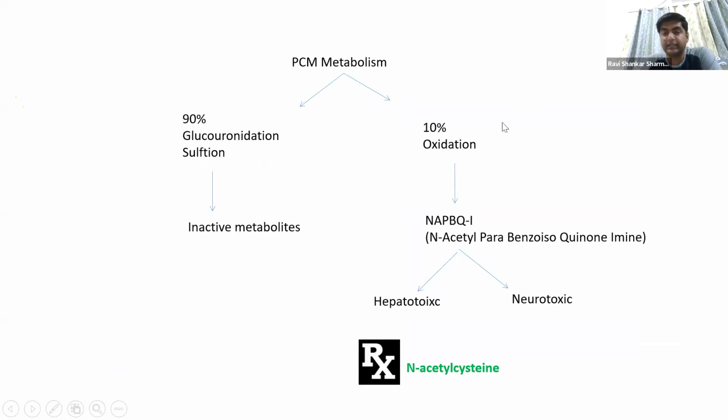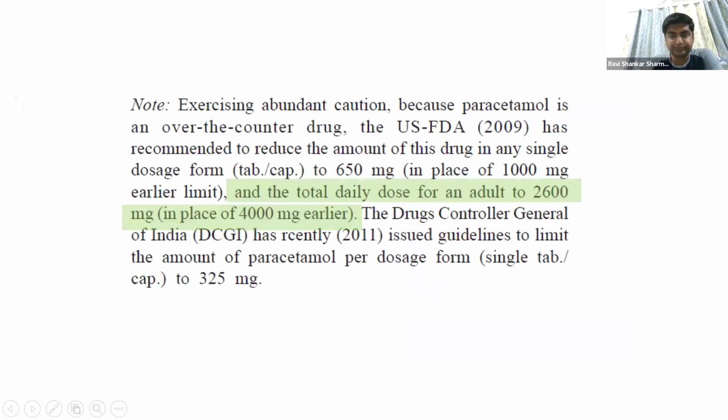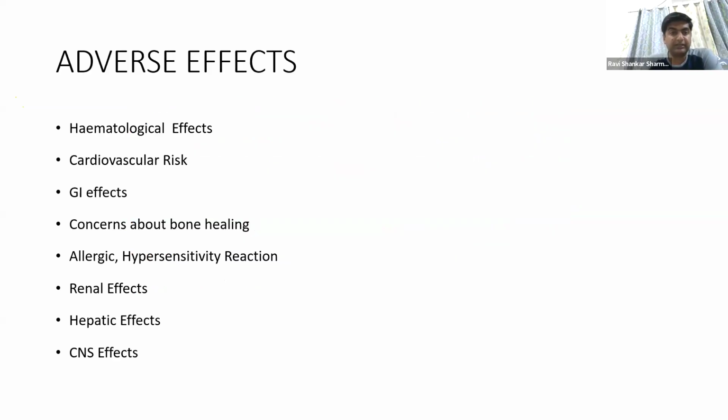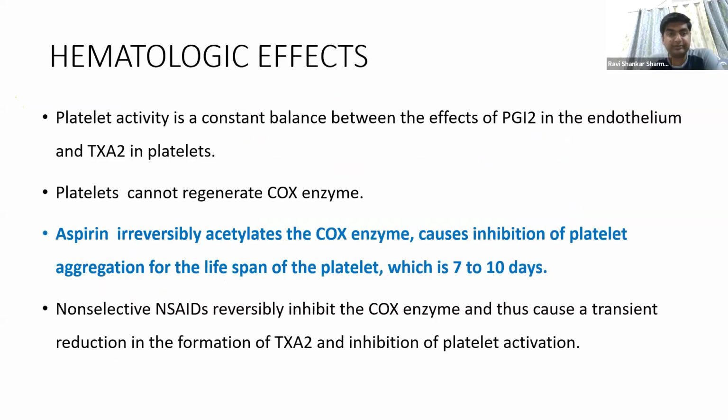This 10% oxidation gives you NAPQI, that is N-acetyl-p-benzoquinone imine, and this is hepatotoxic, and treatment is N-acetyl cysteine. Okay, maximum dose is 4 grams, and in case of hepatic injury, you can keep the dosing up to 3 grams per day. Okay, adverse effects, yes, it can affect all your systems.